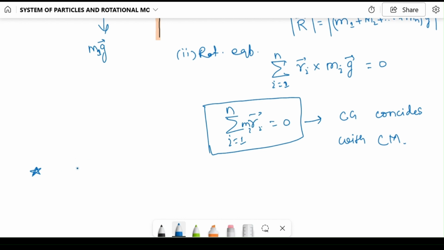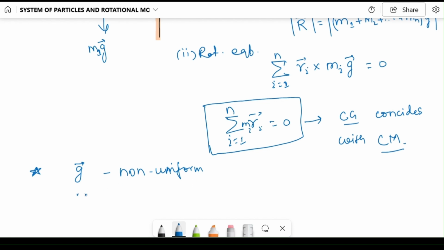If there is a variable g, non-uniform g, means if the body is placed in a non-uniform gravitational field where different particles of this body are experiencing different acceleration due to gravity, in this case, center of gravity and center of mass will not be coinciding.